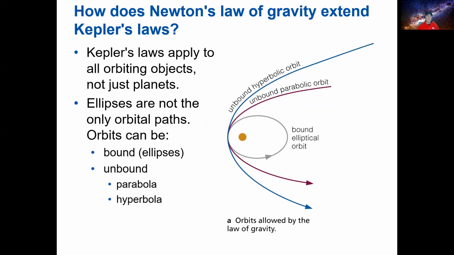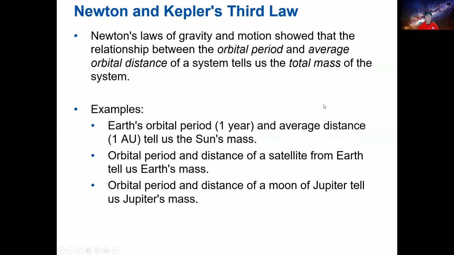Newton's law greatly expanded the scope and extent of Kepler's laws. They apply to all orbiting objects, and the orbital paths can have many shapes. By combining Newton's and Kepler's laws, we can measure the masses of distant objects, an incredibly powerful tool that today is being used to explore stars and planets well beyond our own.